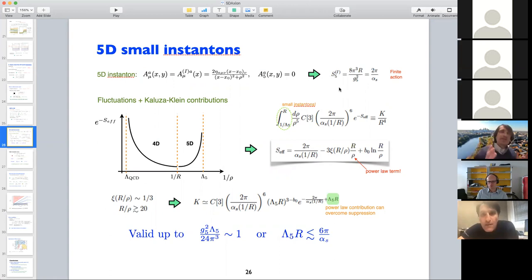So this 5D solution can only exist for a finite size. Yeah, but what I'm saying is that in principle, if you have a very large volume or size, you should have a suppression of the transition between the topologically inequivalent minima. Yeah, but see here, if you take R to infinity, you'll get that suppression. Indeed. Yeah, that's true. Okay.